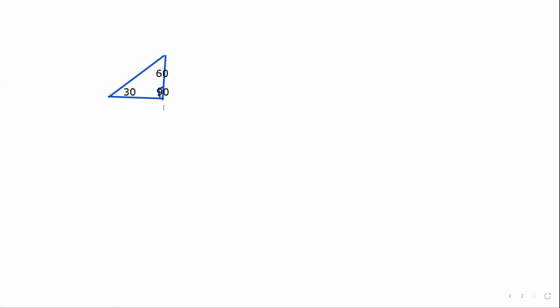Something you'll learn later is that the longest side of a triangle is opposite the biggest angle. So 90 degrees is the biggest angle, and this is the longest side. This 30-degree angle is the smallest, opposite the shortest side, and 60 is somewhere in the middle.